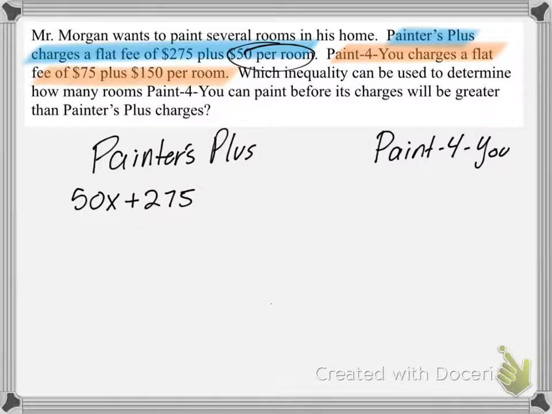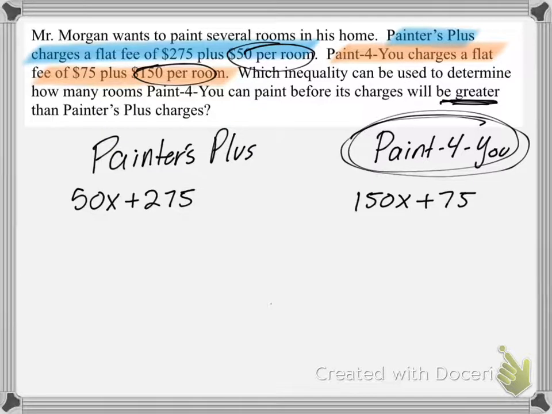So that's per room, that's going to be our rate, our slope, right? 150x plus 75. Okay. And they're asking how many rooms Paint for You can paint before its charges will be greater than Painters Plus. So they're saying, when is this one going to be greater than Painters Plus?